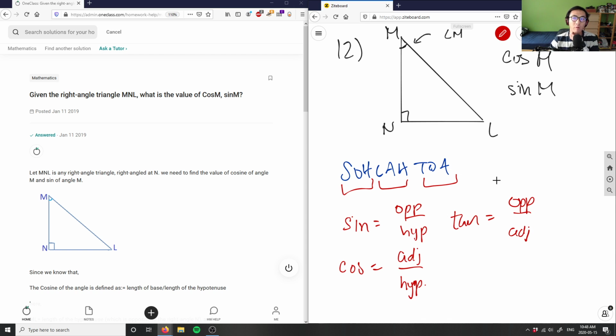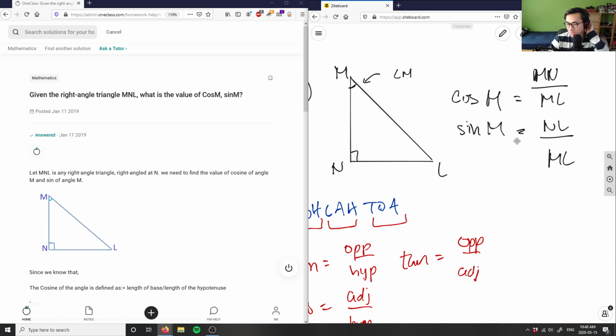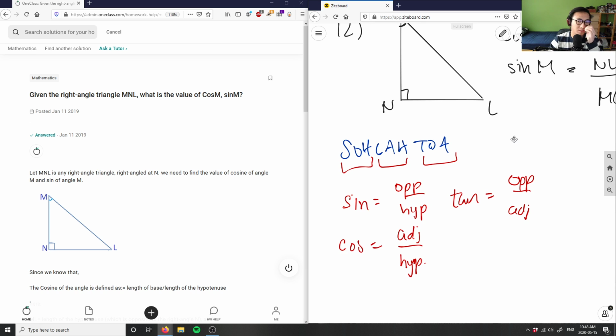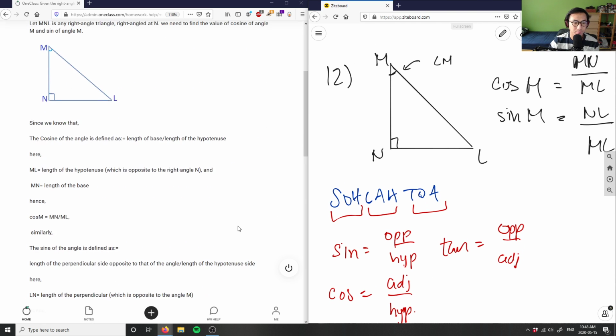So in this case, I'm looking at cos M, right? So cos M is simply the adjacent over hypotenuse. The adjacent is MN, over the hypotenuse, which is M to L. So this is our cosine ratio, and sine would be the opposite, so N to L, divided by the hypotenuse, which is M to L. These two are my solutions based off SOH CAH TOA. Sine is opposite over hypotenuse, cosine is adjacent over hypotenuse.